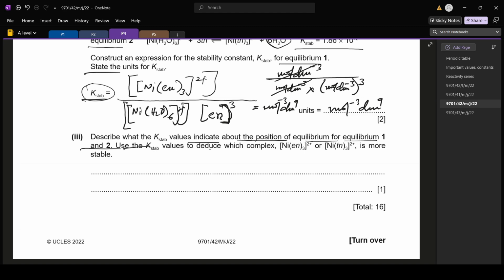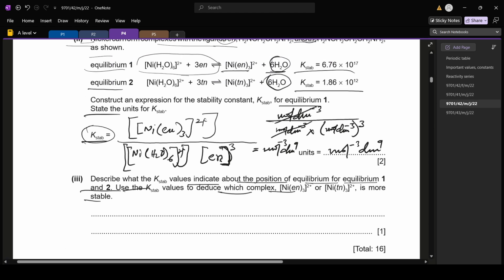Use the K stability values to deduce which complex, with En or Tn, is more stable. The K stability value shows you the stability of these complexes, and the greater the value of K stability, the more stable the complex is.